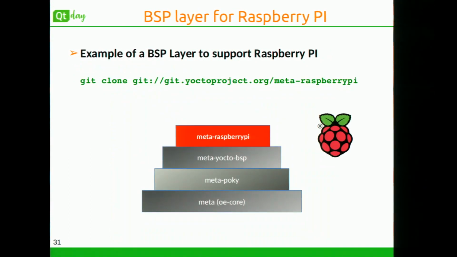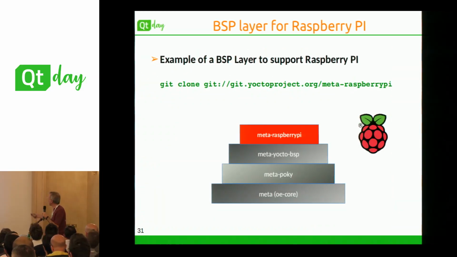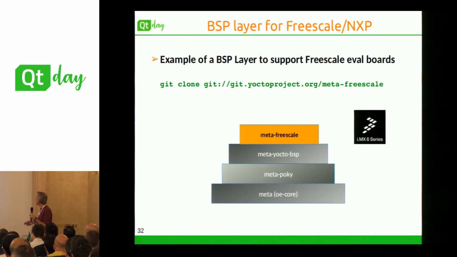So if I want to play with the Raspberry Pi, I simply need to add my meta-raspberrypi layer to what I have downloaded so far. So in addition to the three basic layers, I need meta-raspberrypi. And if I want to build with Freescale NXP evaluation boards, I need meta-freescale.